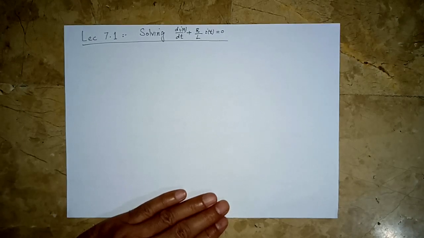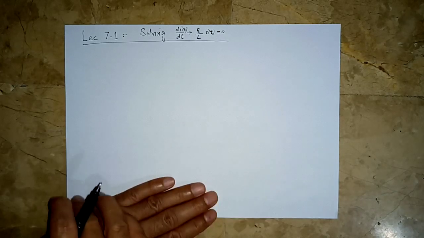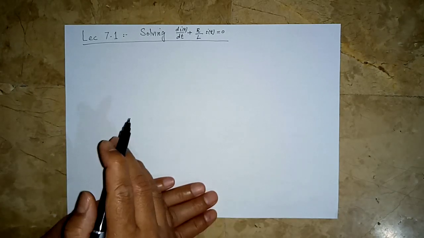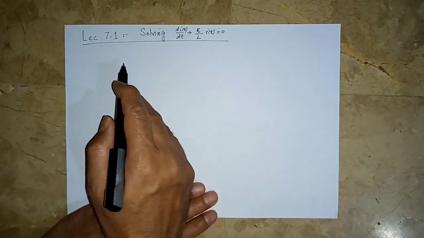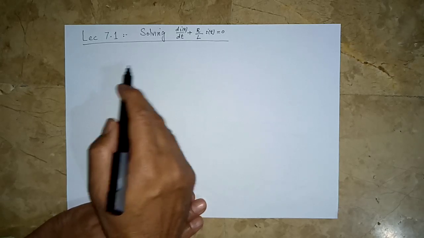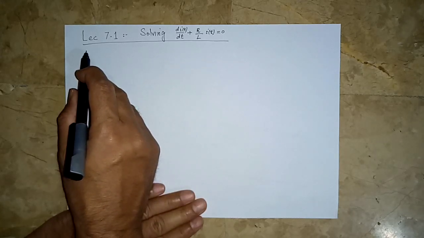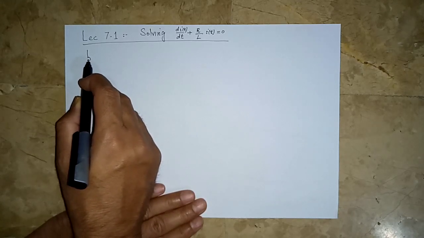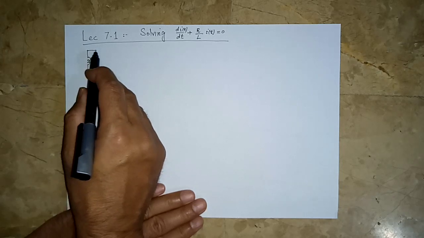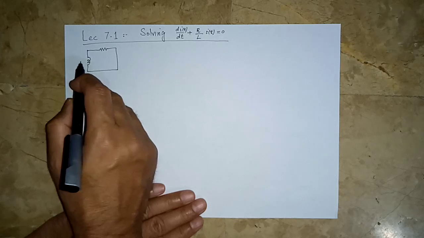So therefore, we try to reduce our workload by understanding the result and applying the same result in other situations where we understand the nature of the equation. For example, if in a basic RL circuit we encounter this differential equation, let me, for the sake of completion, draw the circuit here.